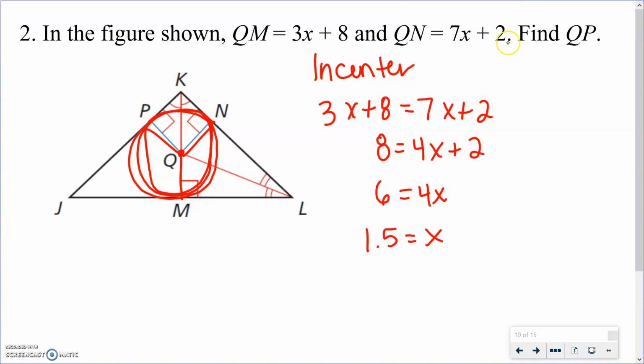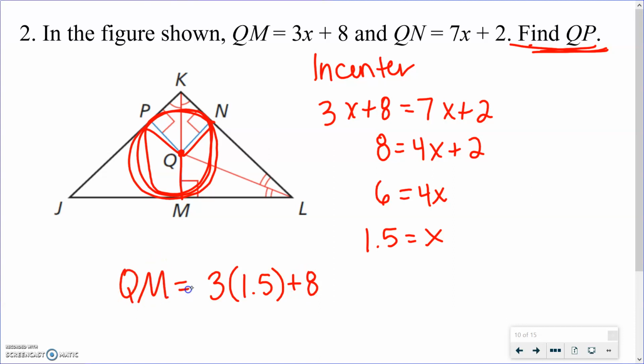The question says to find the length of QP, okay? And again, since this is the incenter, we know QM, QN, and QP are all the same. So I'm going to plug into either one, QM or QN, and then I can get the length of QP because I know it's going to be the same. So I'm going to do 3 times 1.5 plus 8, and that's what QM is.